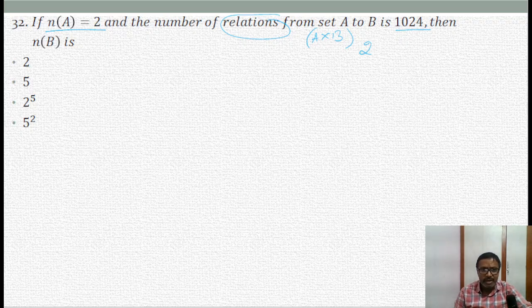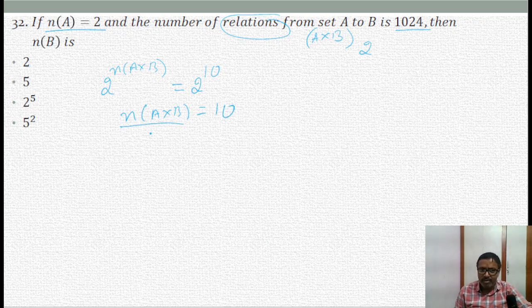How many subsets of A cross B are there? 1024. Then n of B is the number of subsets of A cross B. It is not A or B, A cross B, that is 2 to the power n of A cross B. Number of subsets of this is how much? 1024. That can be written as 2 power 10. So we'll get here n of A cross B is equal to 10.